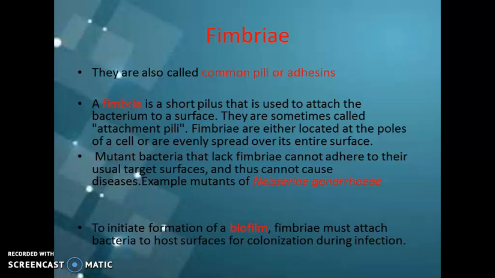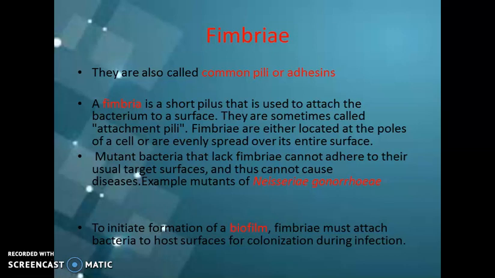Pilus is long and takes part in bacterial conjugation, but in the case of adhesion, the pilus is called Fimbria, which is short and is used to attach the bacterium to a surface. So they are sometimes called attachment pili or common pili.